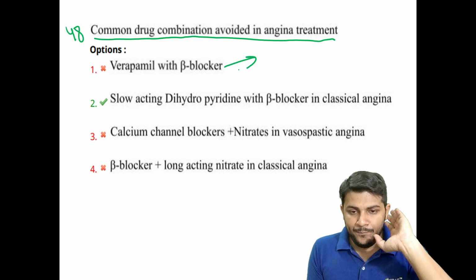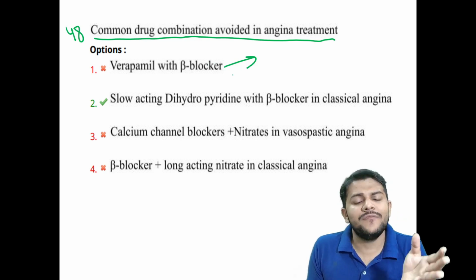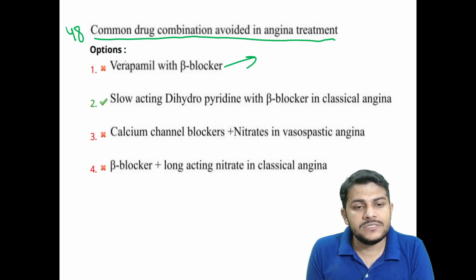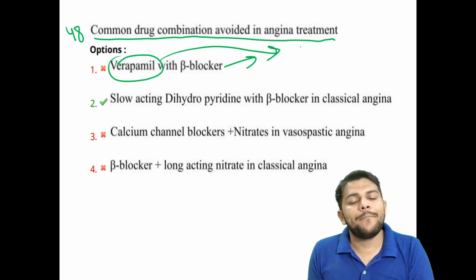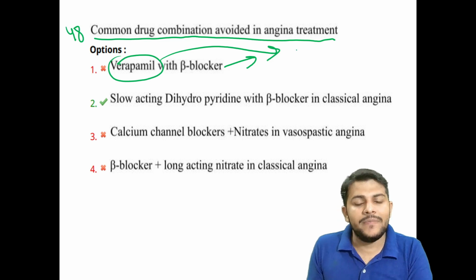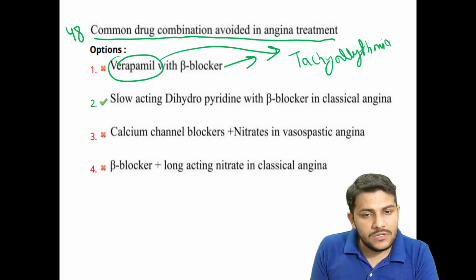So this combination is also wrong according to me, because drugs like amlodipine and nifedipine block the calcium channel of the heart, which leads to severe heart problems, and they cannot be used with a beta blocker either.